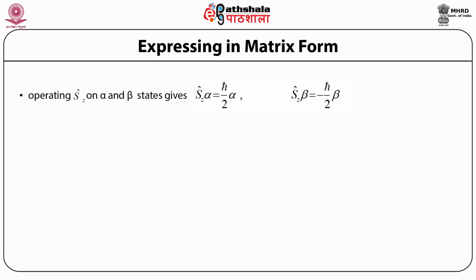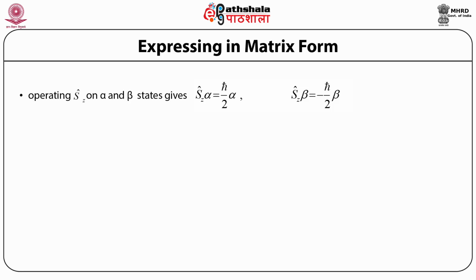So first of all, we start with the z component of the spin operator, that is Sz, and we see that when the operator Sz acts on the eigenstate alpha and the eigenstate beta, what does it return? So when the spin operator Sz, that is the z component of the spin operator, acts on the spin up or the eigenstate alpha, it gives the value h cross by 2 alpha, where h cross by 2 is the eigenvalue and alpha is the corresponding eigenvector.